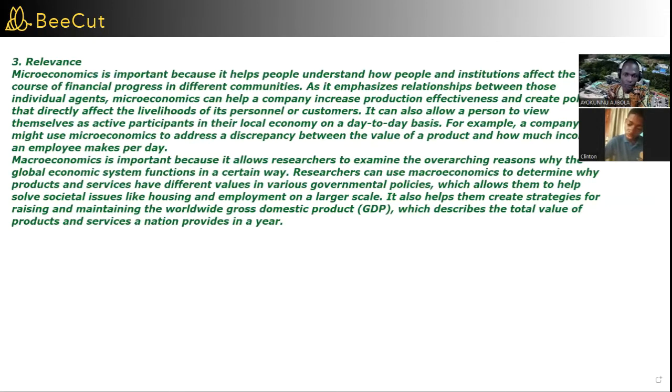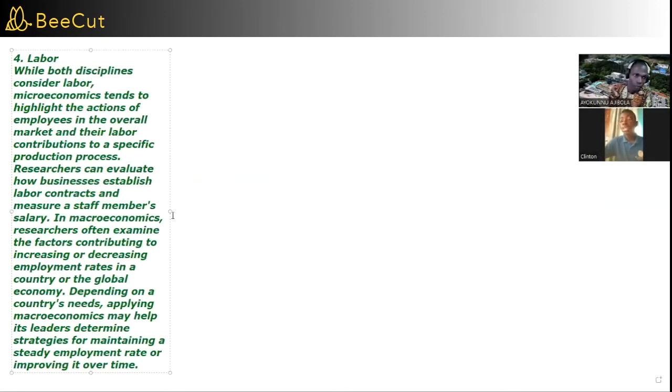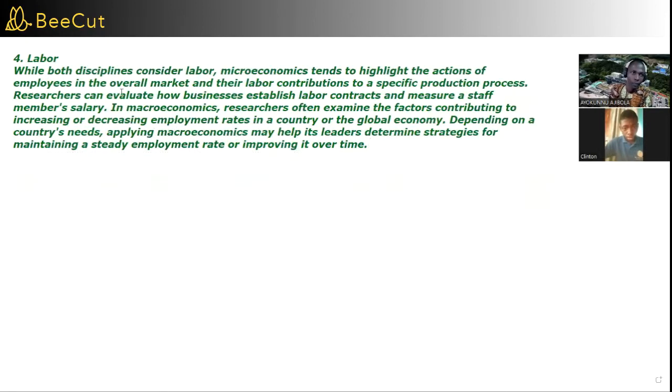And the next point, look at here, is labor. So I'm going to put this up now. So we're talking about macro and microeconomics.